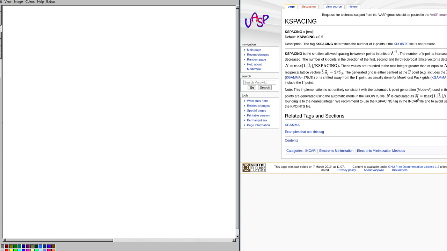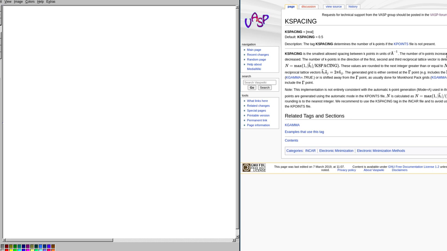N is calculated as S divided by BI, BI divided by pi multiplied by K spacing. And BI is the smallest allowed spacing between K points in units of angstrom minus 1.